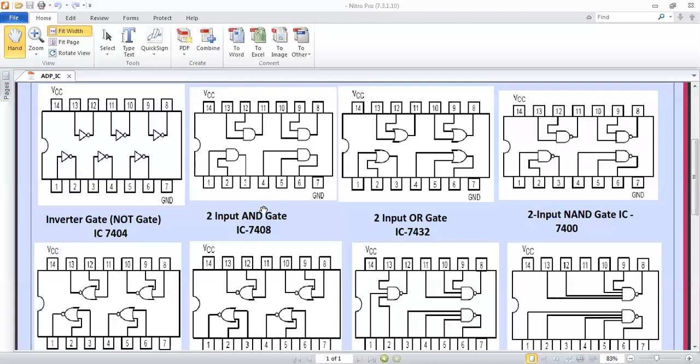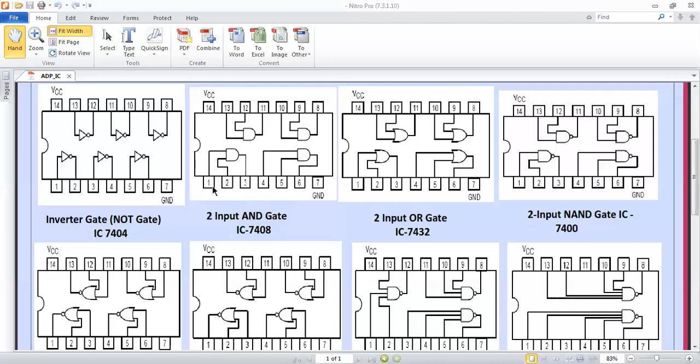Now next, the AND gate IC. The AND gate IC number is 7408, and we can say it is a 2 input gate IC. In the same way, from the curve side, the left side is pin number 1, 2, 3, 4 up to 7, and on the other side 8, 9, 10 up to 14.